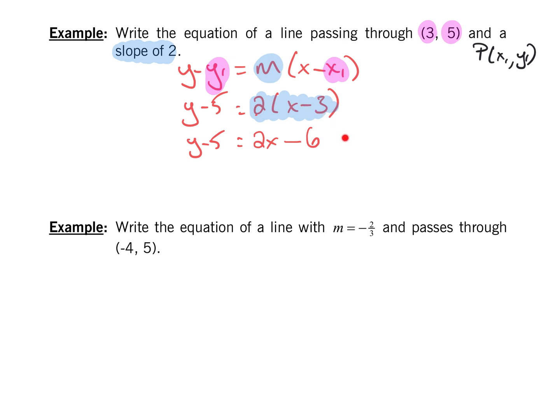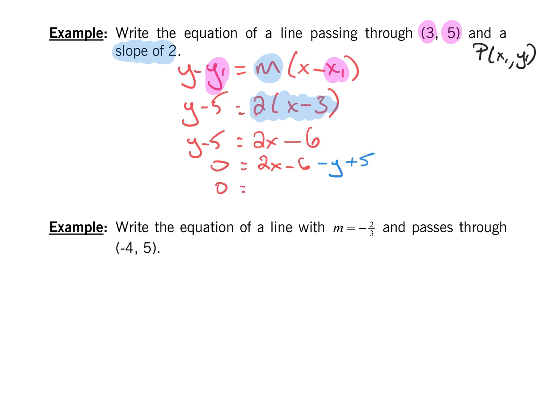When things move from one side to the other, their signs change. Positives become negatives, and negatives become positives. So we have 2x minus 6, and then the y comes over and becomes minus y, and then negative 5 comes over and becomes positive 5.